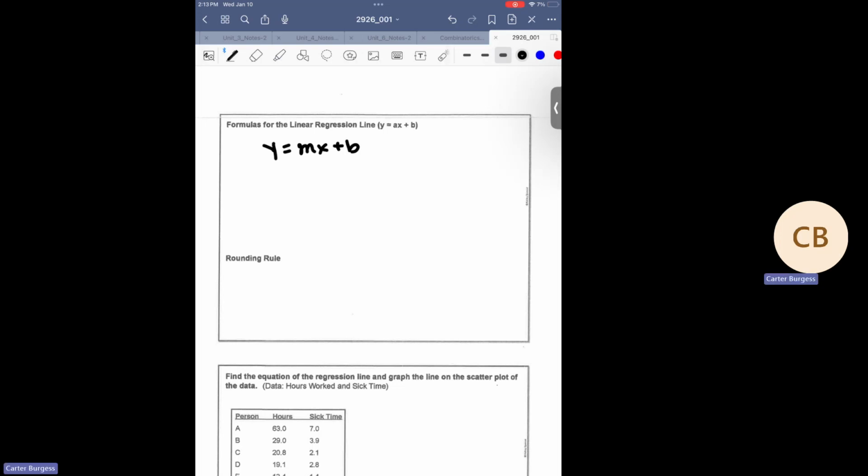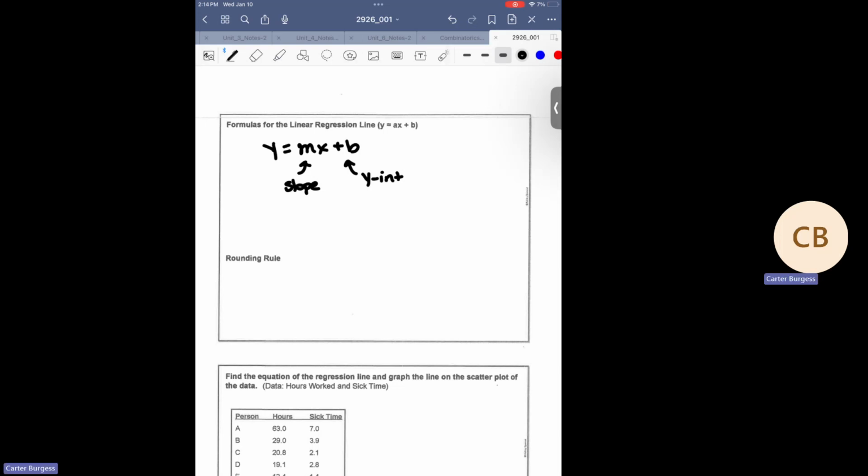What we're saying is that a line can be defined through two different parameters. We have the m. What does the m represent? We have the m, which represents the slope, and we have the b that represents the y-intercept.